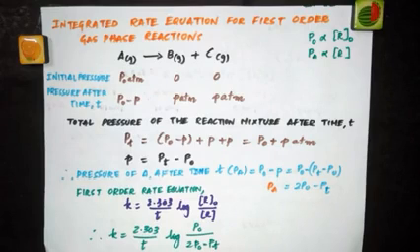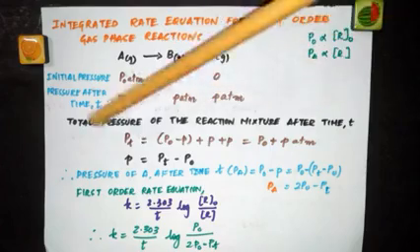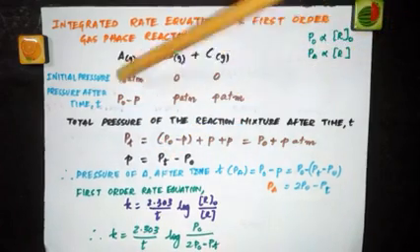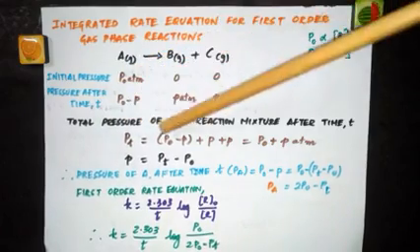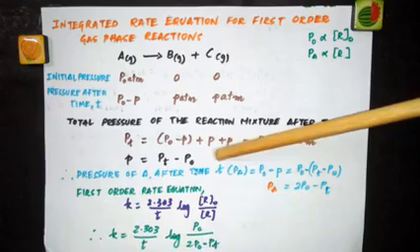Let's take PT as the total pressure. So from this equation, we can write PT is equal to pressure of A plus pressure of B plus pressure of C. So what is pressure of A? P naught minus P. What is pressure of B?